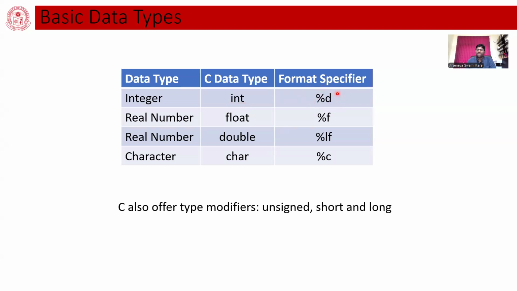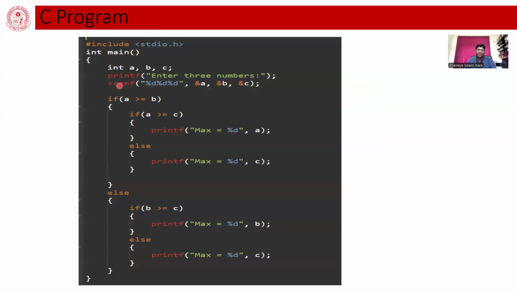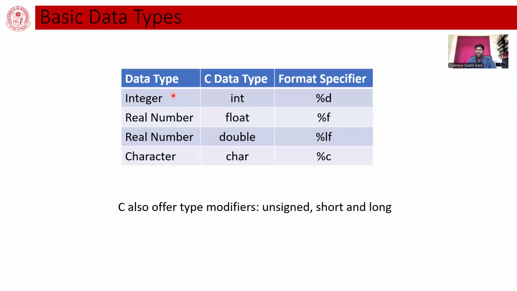We use the format specifier in the scanf statement. For example, here, since I am reading three integers A, B, and C, I will give %d, %d, %d. %d stands for reading an integer from the user. So for the integer data type, the format specifier is %d.